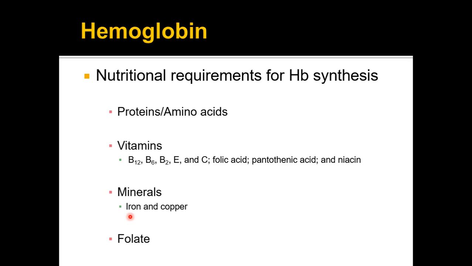We need iron, obviously, and copper participates in some of this functionality as well, and folate, folic acid. So nutrient depleted folks, we would expect to see less effective and maybe even less amount of hemoglobin production in these nutrient deprived individuals.